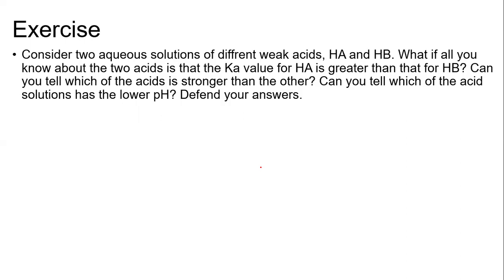So we have been given two solutions, HA and HB. The first thing they have told us about the solutions is that HA has a greater Ka value than HB. Now, you know, the higher the Ka value, the higher the acidity, right? Good. And so the HA that has a greater Ka value will have a higher acidity than the HB. Very simple, right? Good. So we can tell.